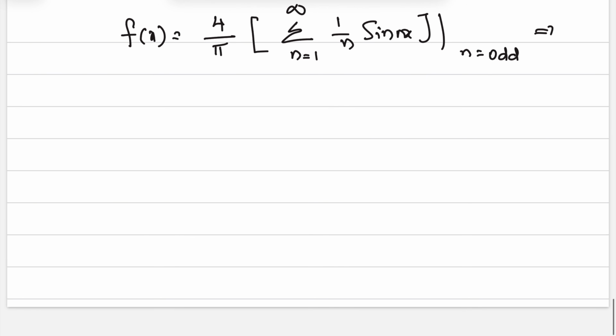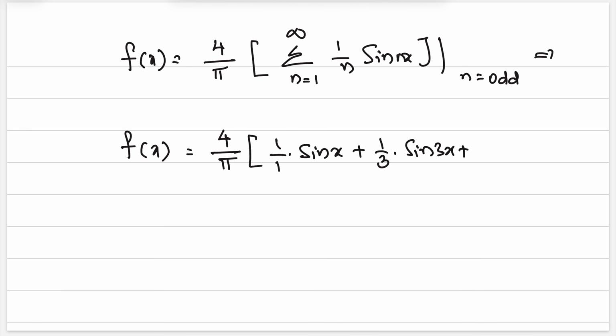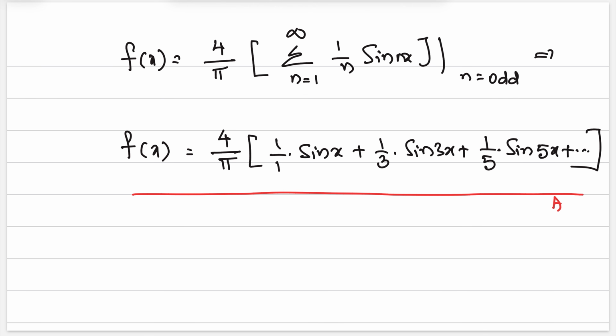That implies function x is equal to 4 by pi into, when n is equal to odd, what is this? 1 by 1 into sin x plus 1 by 3 into sin 3x plus 1 by 5 into sin 5x and so on. This is the answer.